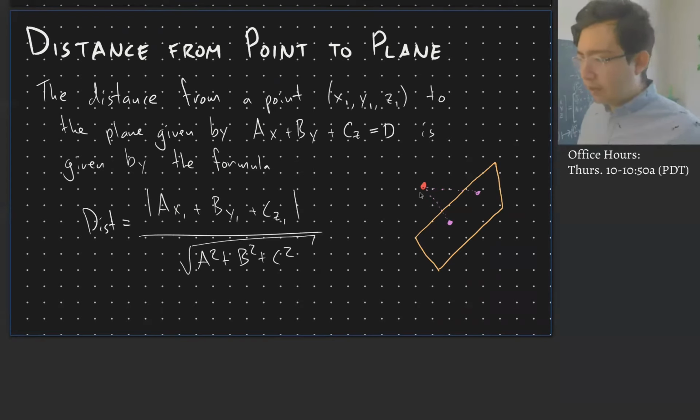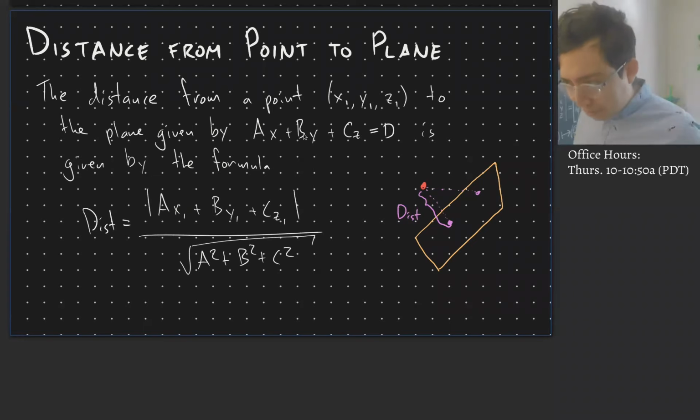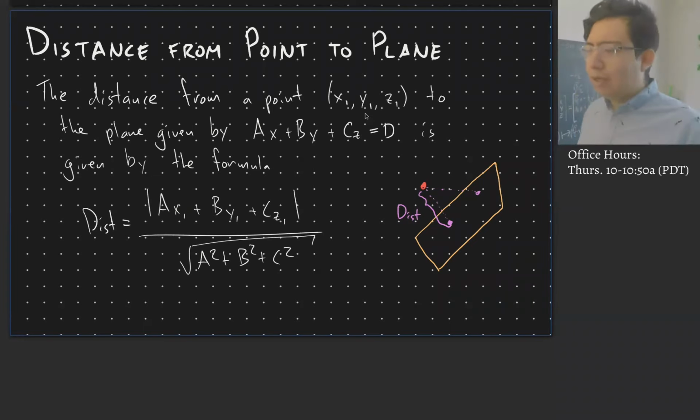So this here is the distance from the point to the plane, okay? So here we used x1, y1, and z1. And see here, we gave the formula for the plane in a different form. It's ax plus by plus cz, and we set that equal to d here, okay?